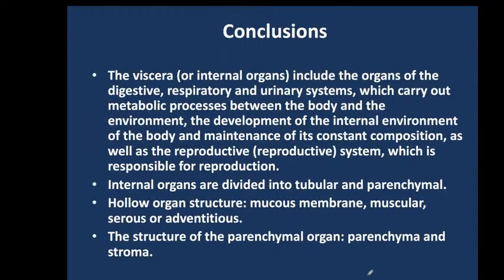What kind of conclusions would I like to underline after this block of information? First of all, viscera, or in other words internal organs, include organs of different systems, and they look like a big tube located along our body.